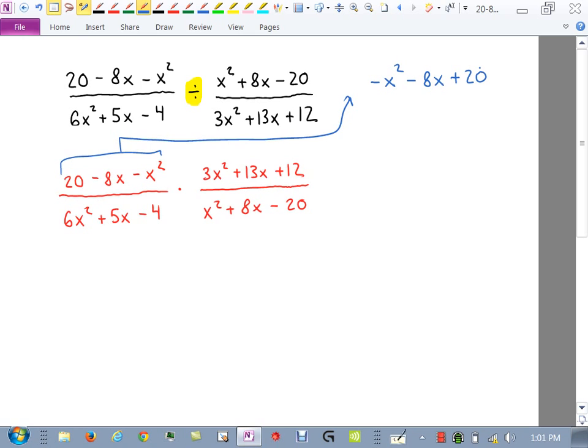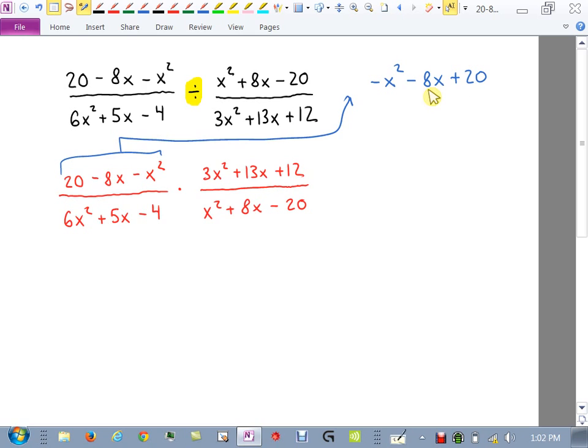Does anybody see anything? I had a student in my 9:30 a.m. class see it. That can save us a lot of work. This bottom right one, x squared plus 8x minus 20, is this, but all the signs are different. So if I notice that right now, then I could factor a -1 out of this, couldn't I?